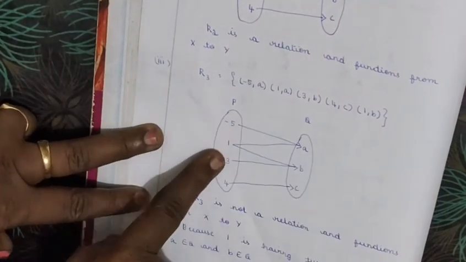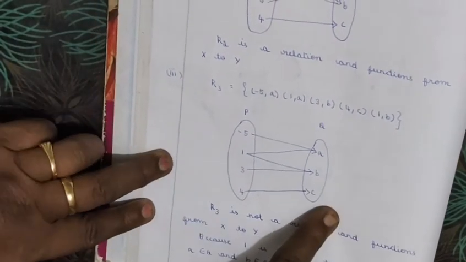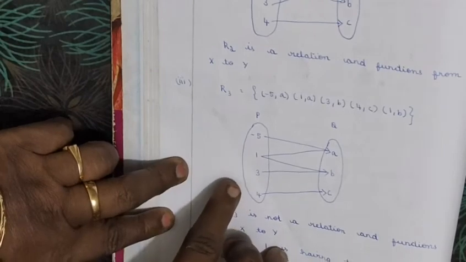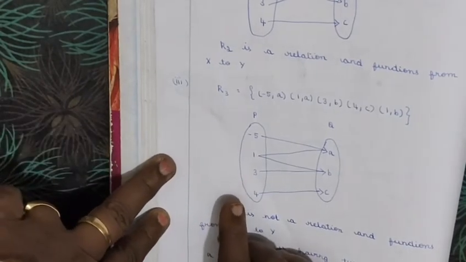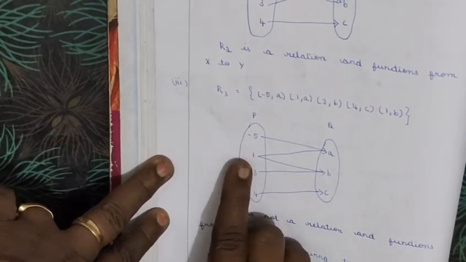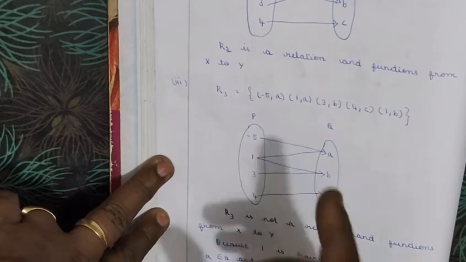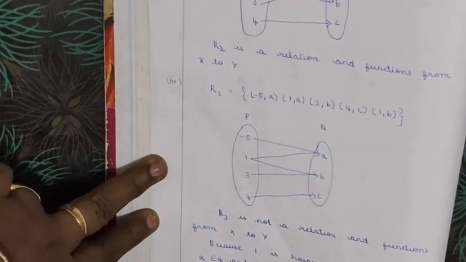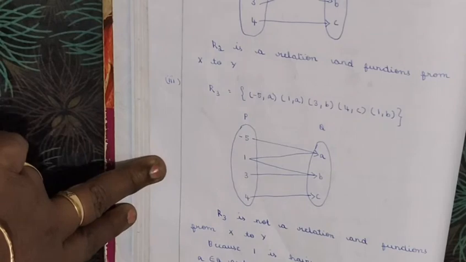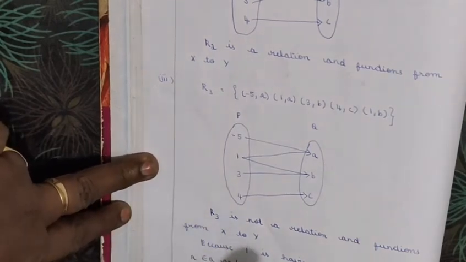Yes, all these pre-images have images. Okay. Now the second condition, they must be unique. See here, this one has two images. I told you that when we start from a pre-image, we should have only one image.